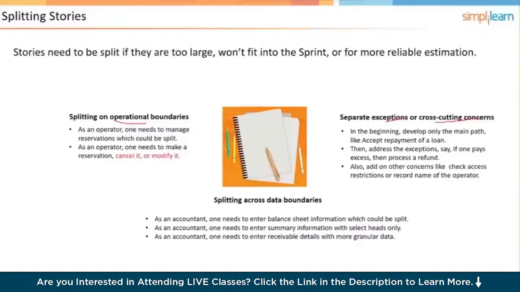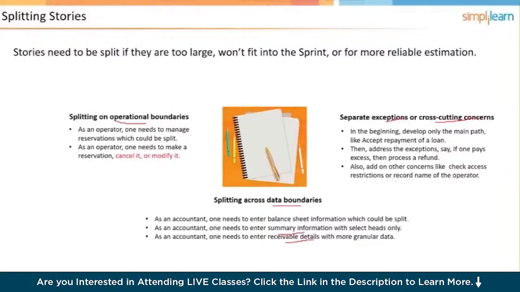Okay, and then down at the bottom, split based on data boundaries. For an example, as an accountant, one needs to enter balance sheet information, which could then be split into summary information and separately receivable details, or maybe you could have AP, so you could have different portions of the overall balance sheet activities that need to be done.